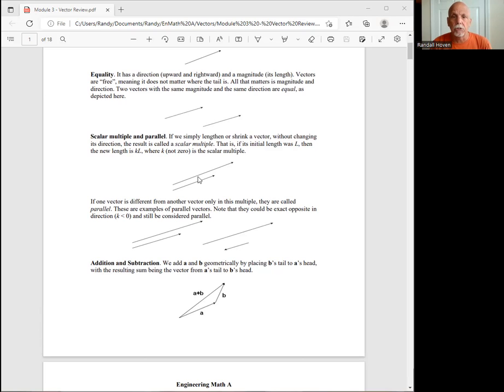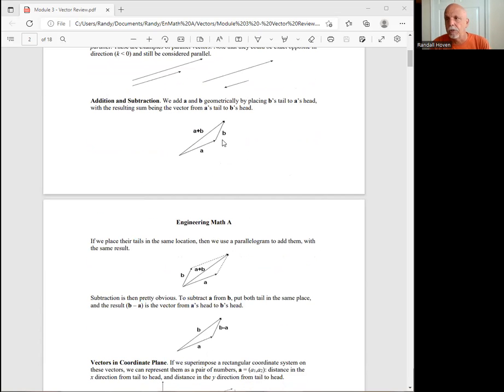Like these two vectors are parallel, and in fact, even if it's in the exact opposite direction, you could think of that as multiplying the magnitude by something negative. These two here are still considered parallel.